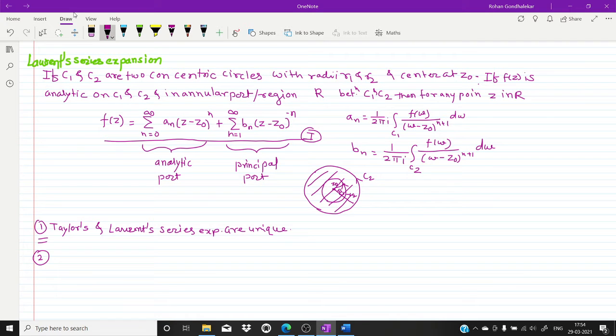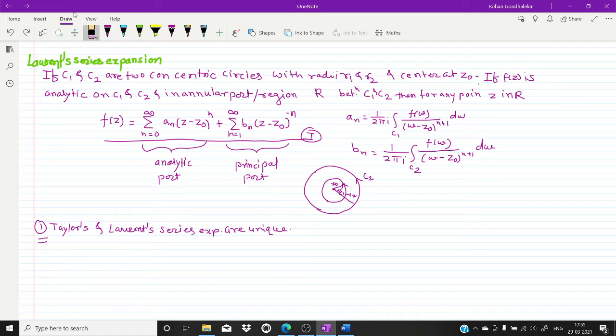If your function is analytic, then the principal part would be 0 and we get only the analytic part, that is nothing but a Taylor series. Is this clear? So remember this very important point. If the principal part is 0, then the Laurent expansion is nothing but a Taylor series expansion.